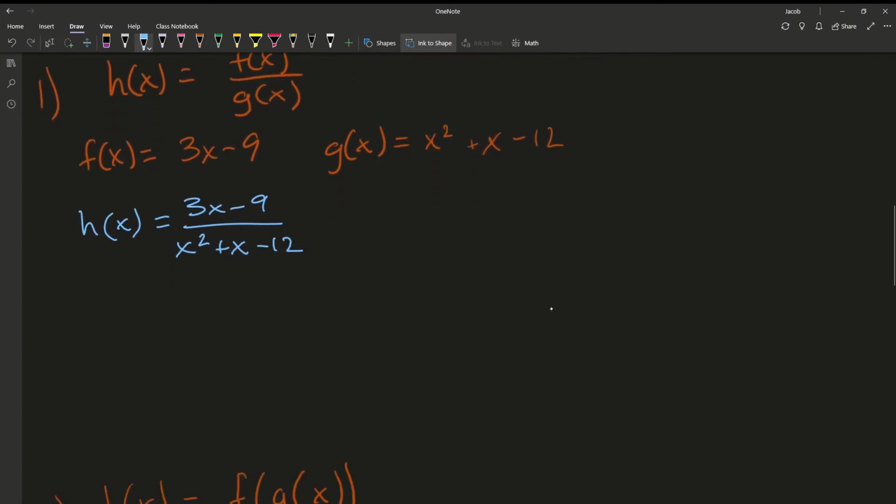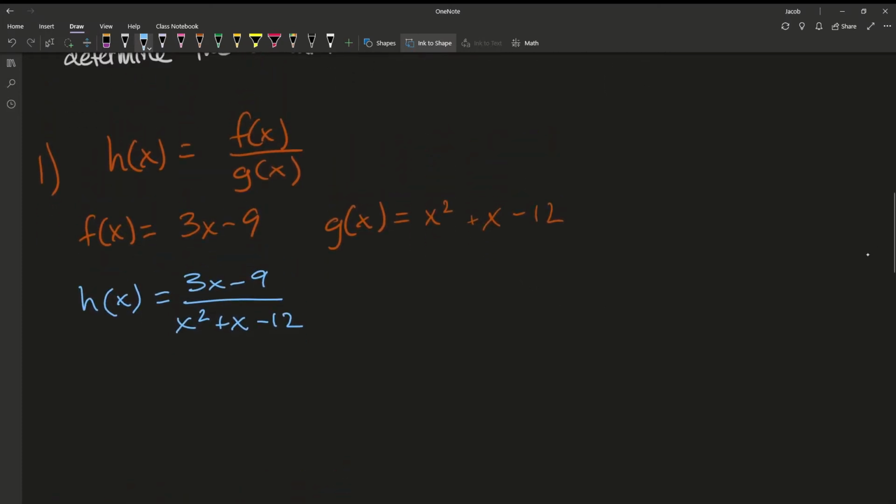And then we have to realize how to find the domain. This is a linear function on top, and then a polynomial on the bottom. Those are fine, but it would not be great if this polynomial produced a denominator of 0.